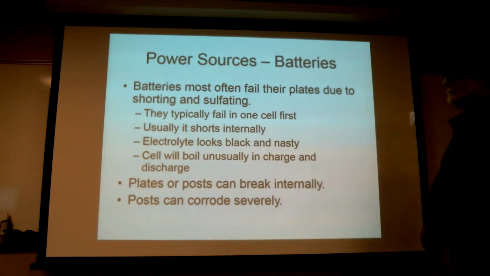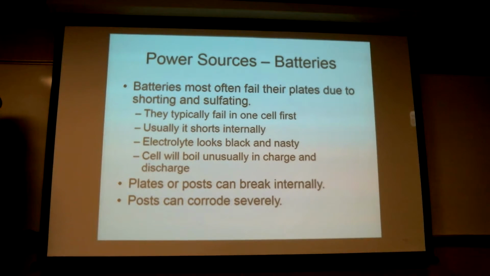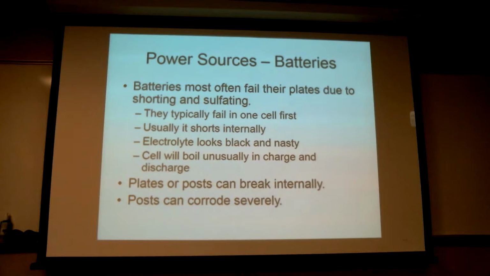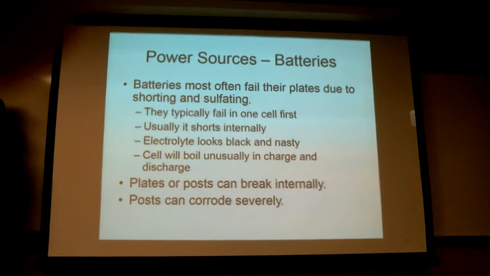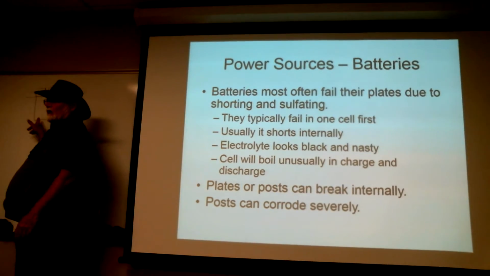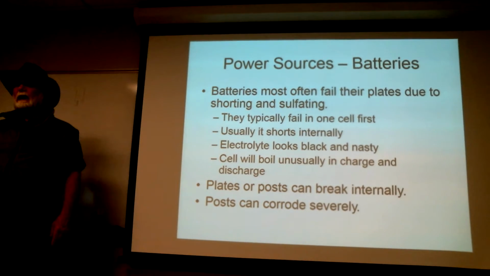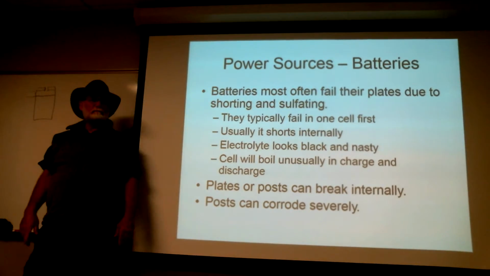All the crud that's coming down starts filtering down to here, and as it gets high enough, it eventually starts contacting the bottom of the plates. We said it wasn't very conductive, but it's conductive enough that the individual plates start discharging through themselves internally. Then the other cells can also start discharging through that.